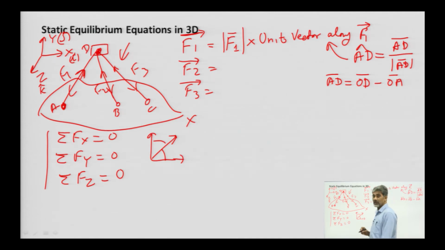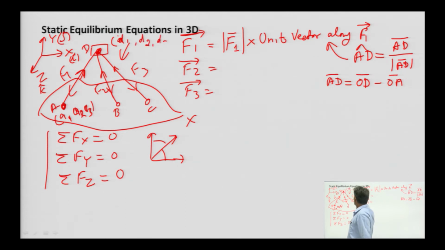Okay. If the coordinates of point A are A1, A2, A3, and the coordinates of D are say D1, D2, D3.